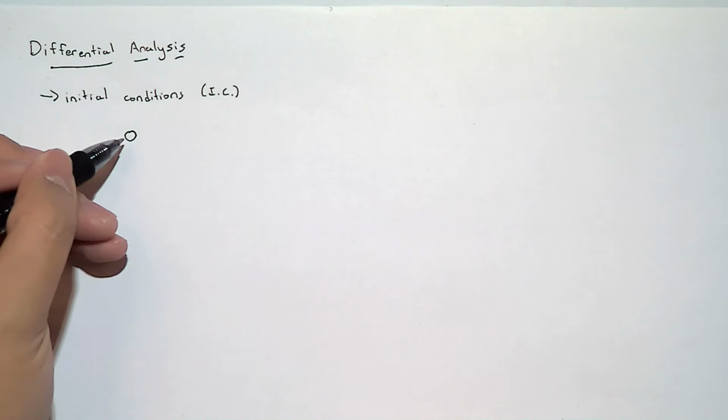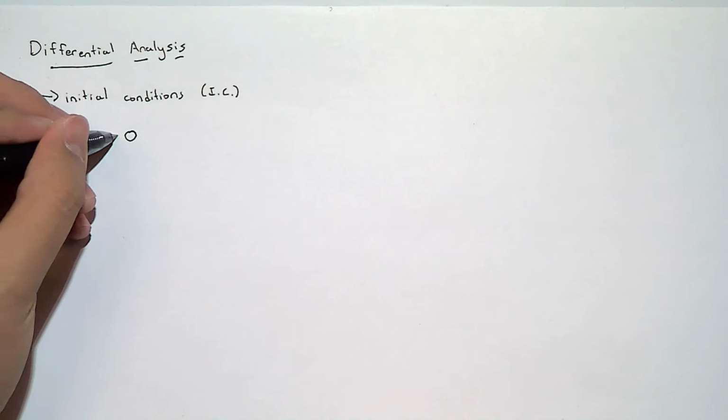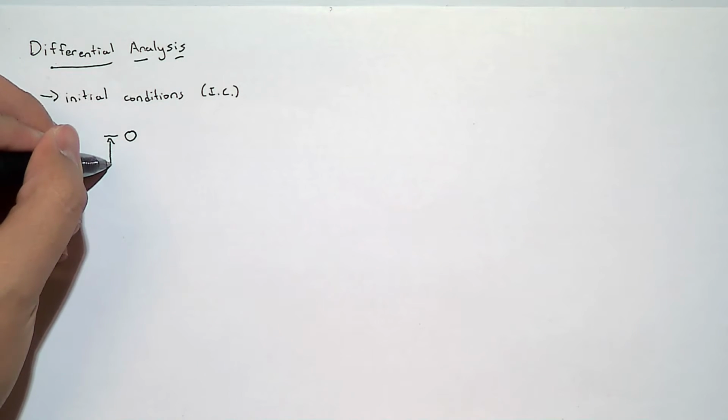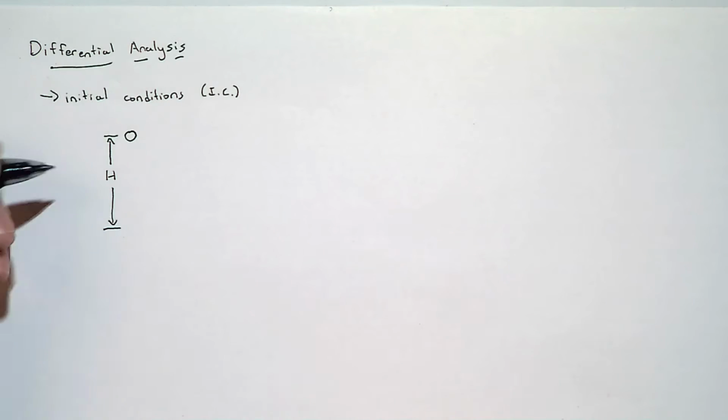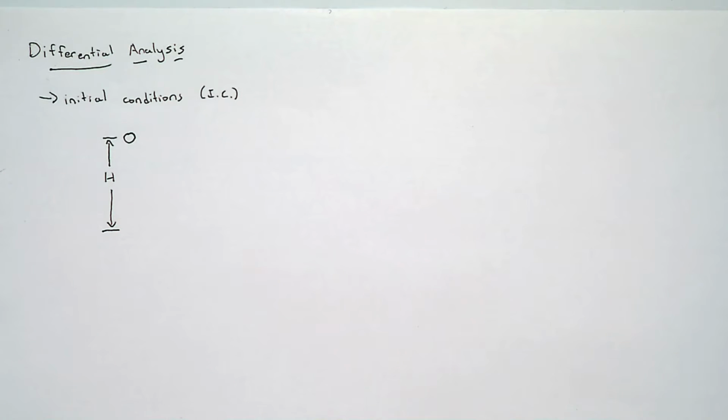If I hold it up at some height, I'm going to call this height capital H. So if I'm holding this ball up at a height of capital H and I just let it go, and I want to track its position, it may be easier, instead of tracking its position, to track its acceleration.